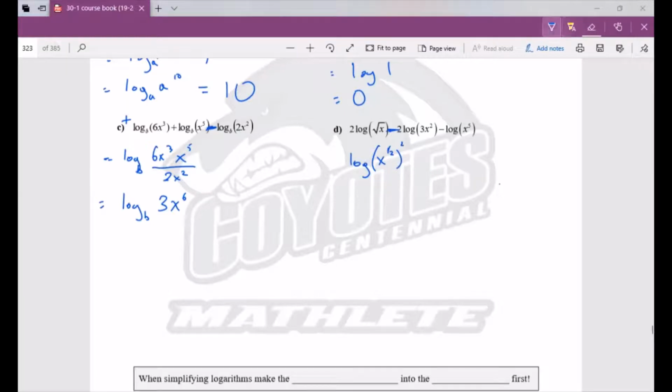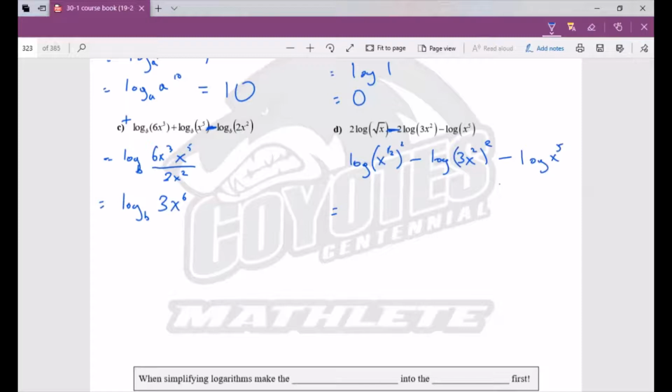Maybe I don't need to try to do everything all at once. So let's call this minus log of (3x squared) all squared, and then minus logarithm of x to the 5. So that's just bringing your coefficients into the logarithms. Now we have 3 logarithms.